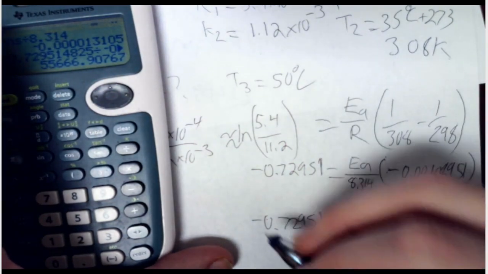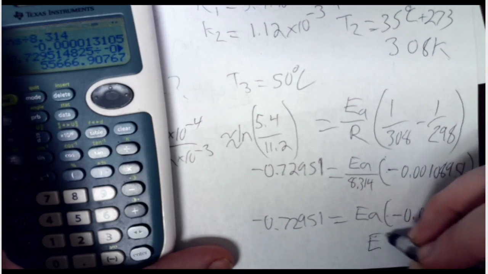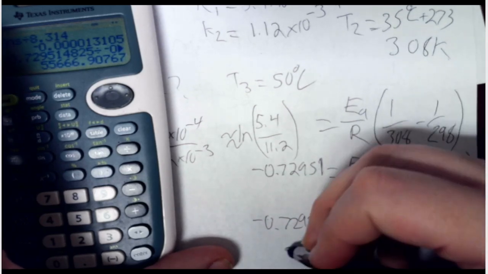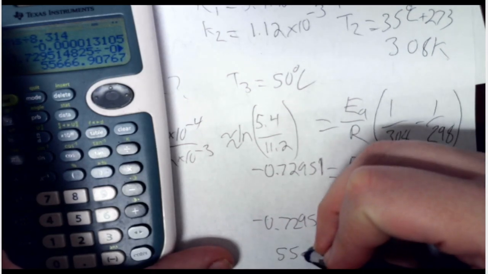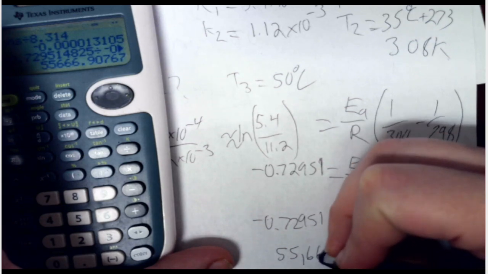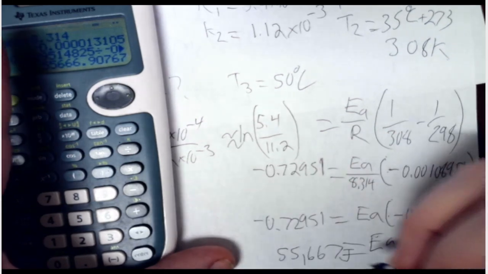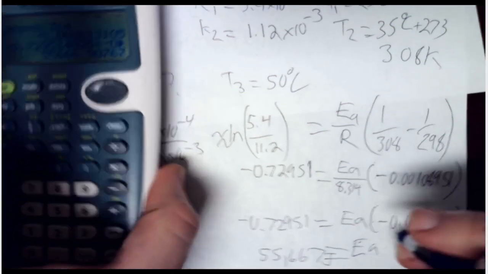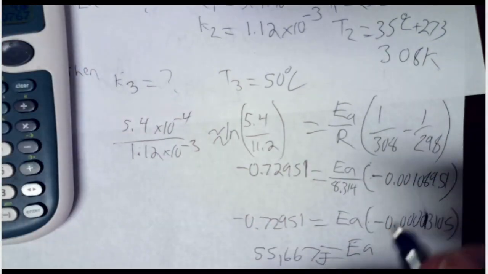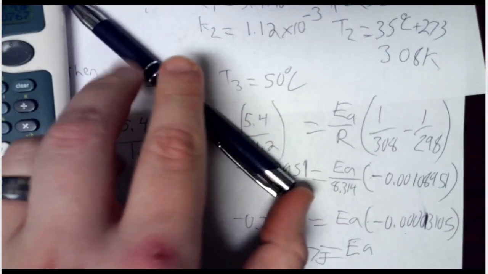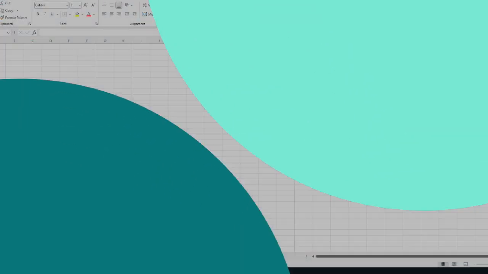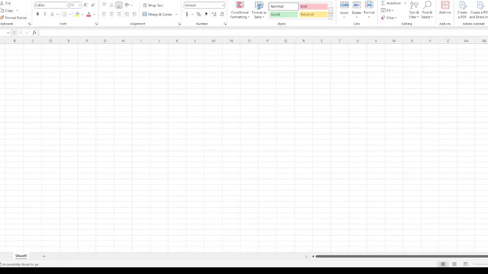So I divide that, and we have activation energy in joules as being 55,667 joules per mole. So that's one way to do this. I'm going to go to Excel and we'll do it again. So with that in mind, let's look at Excel.